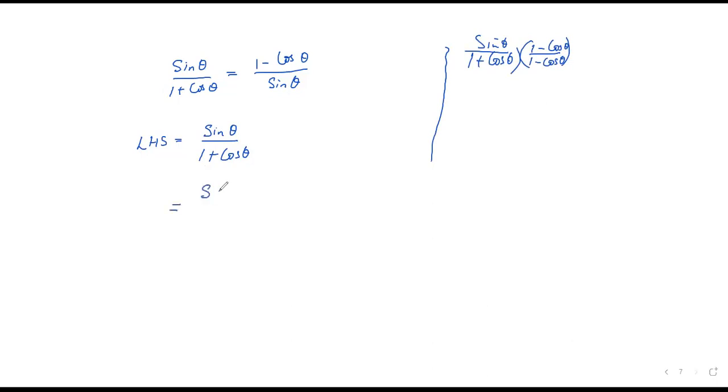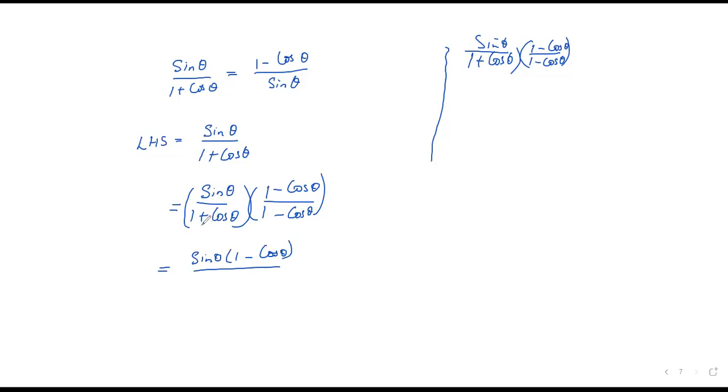Therefore, sine theta over 1 plus the cos of theta, you multiply here by 1. My fancy 1 has taken that shape: 1 minus the cos of theta. Now, the top one is sine of theta multiplied by 1 minus the cos of theta.